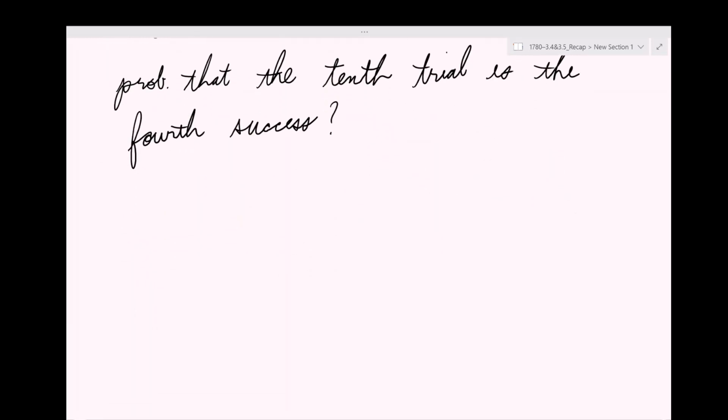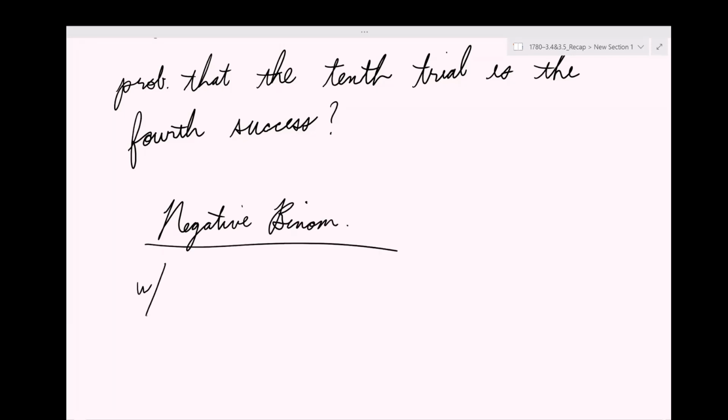Okay, so as always, it's a very good idea when we're writing down our answers to these things to say exactly what distribution we're using and exactly what values we're assigning to the variables. So here, this is going to be a negative binomial. Now, what is my probability of success here?